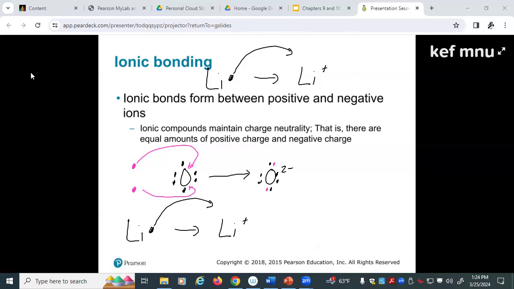And so if we put that into kind of the proper perspective, these electrons from lithium are the ones that are being taken by the oxygen.